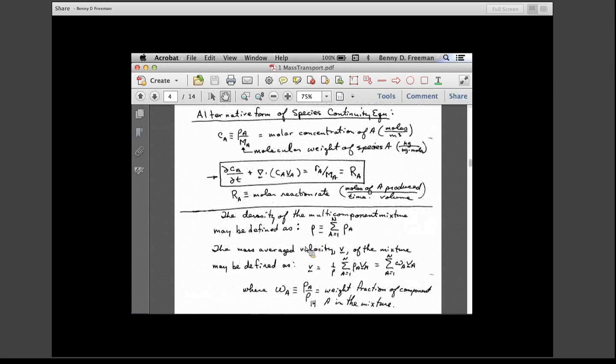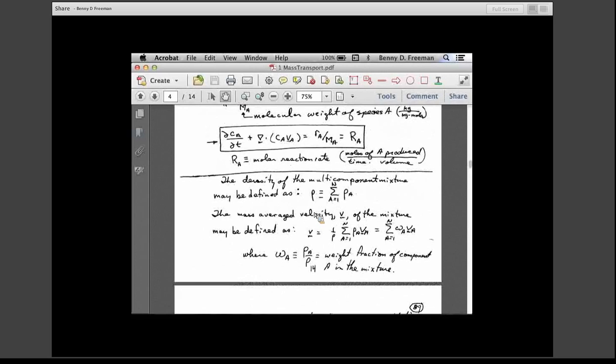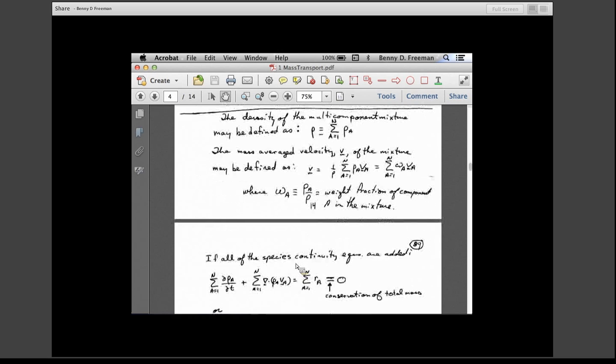We related the component concentrations to the overall concentration of material in a system or in a mixture, rho, which you would also know as the mixture density. It would be the mass of all of the constituents per unit volume of that mixture. We use that then to define a mass average velocity that appears in the continuity equation, and then also the mass fraction.